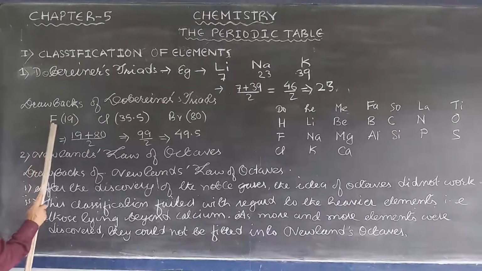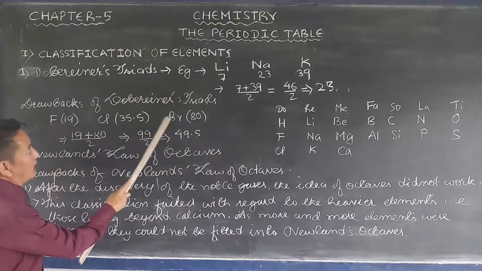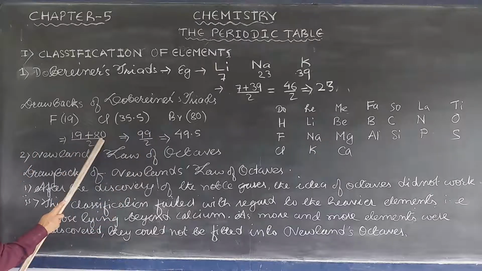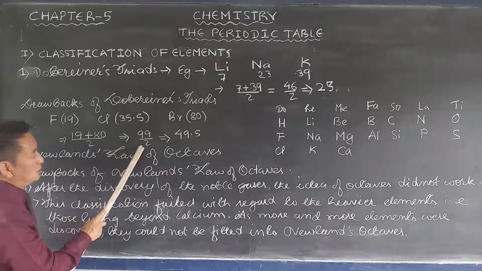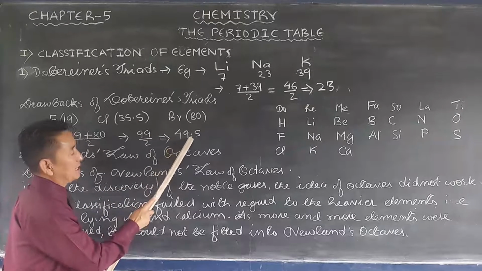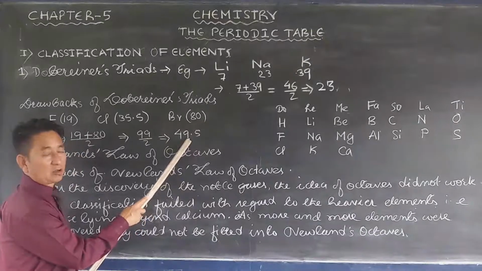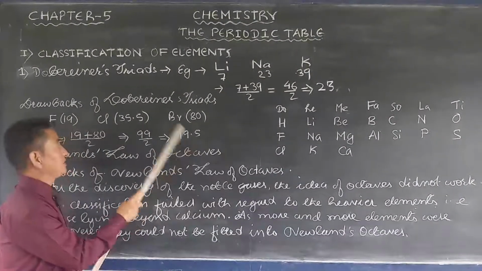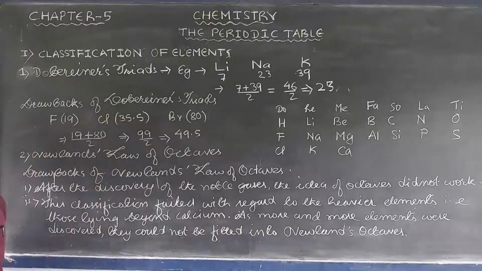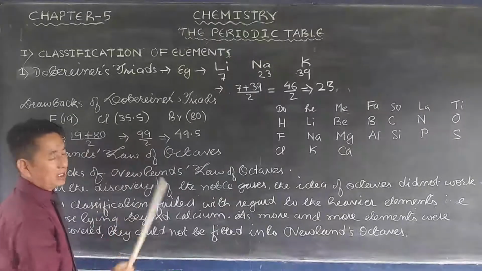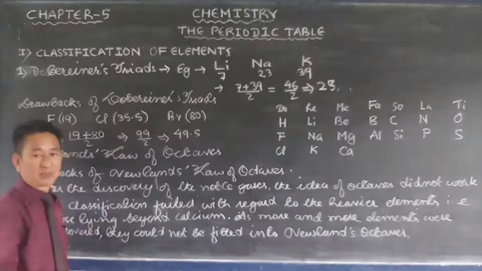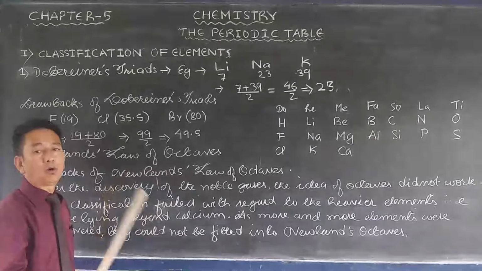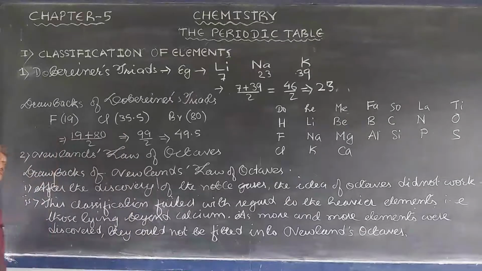The average atomic mass of fluorine and bromine: 19 plus 80 over 2, 99 over 2, is 49.5. This 49.5 is not equal to 35.5. So this idea of classification does not work even in the same group.